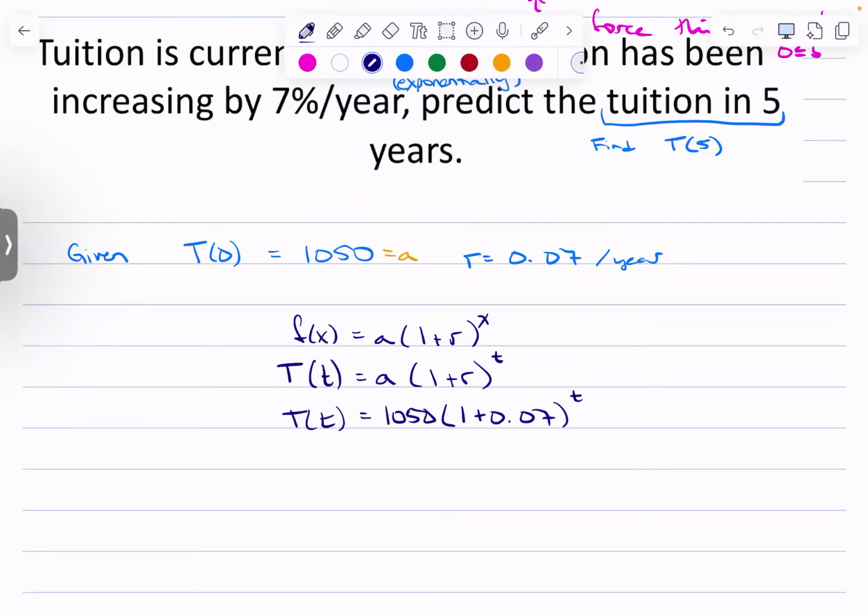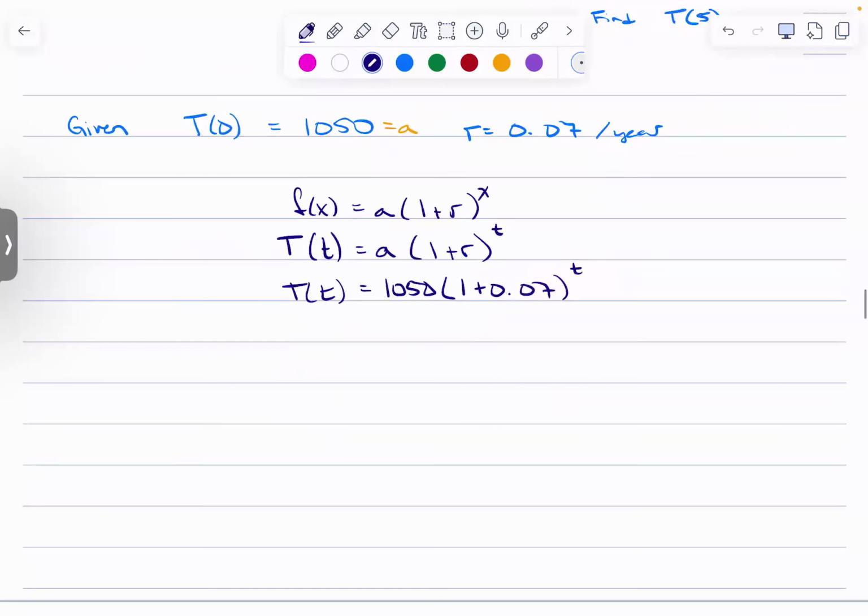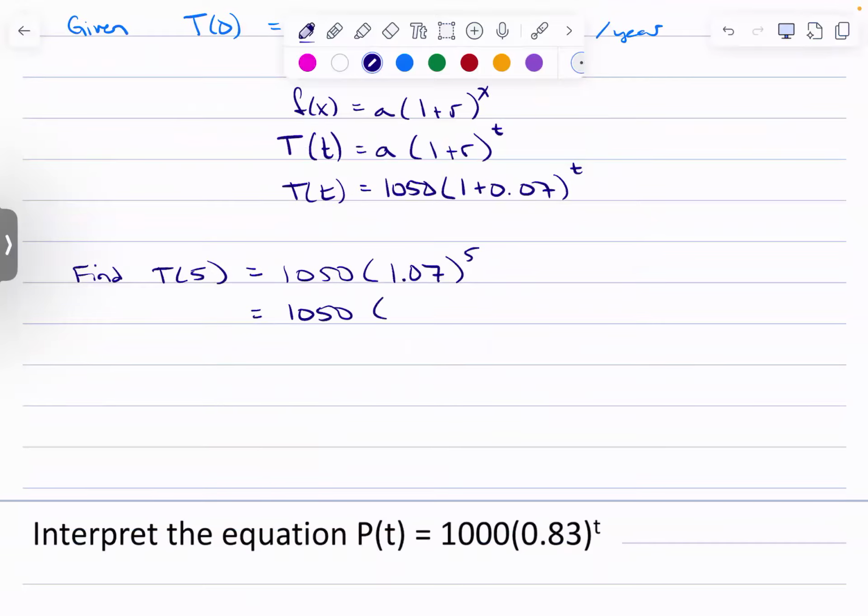So now we have this equation for the tuition, and we can plug in any t we want, but we want to find t of 5. Which is 1050 times 1.07 to the power of 5. Starting with the 1.07 to the power of 5, and I'll make that clear here. 1.60578146 times 1050.